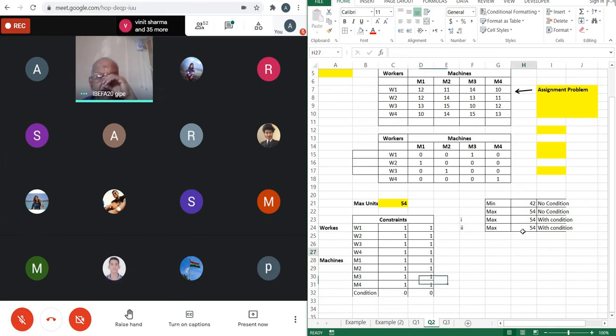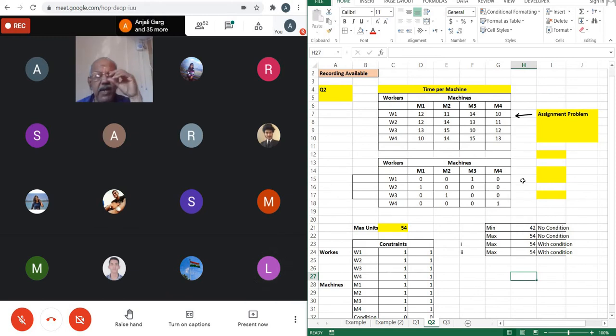Savi Agarwal: machine Z. Saloni Kejriwal, are you getting the answer? Z is idle? Yes, sir. Rachit Tyagi, could you get the Z idle? Yes, sir. Very good.